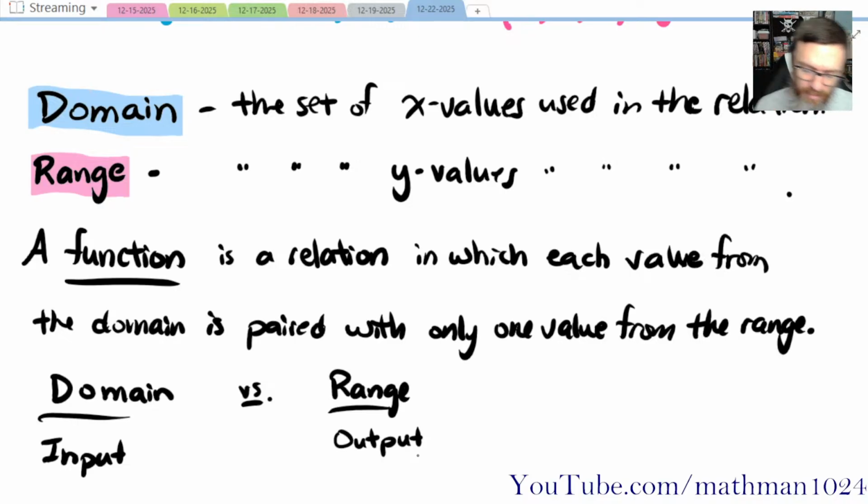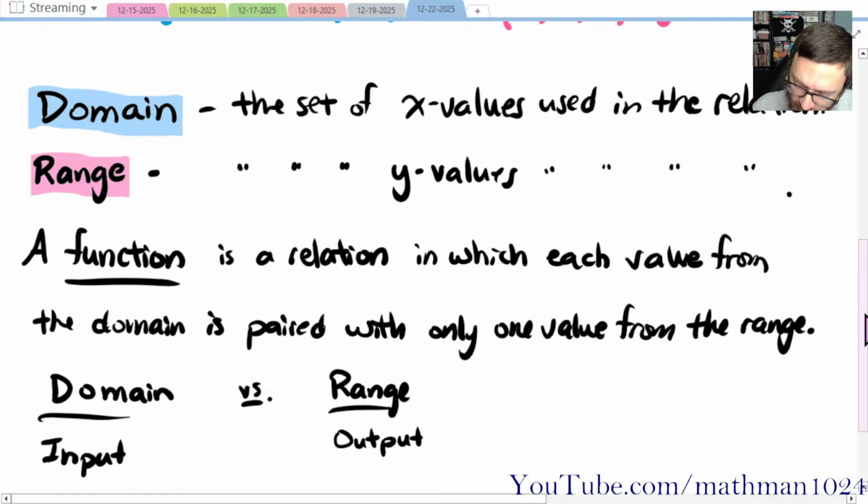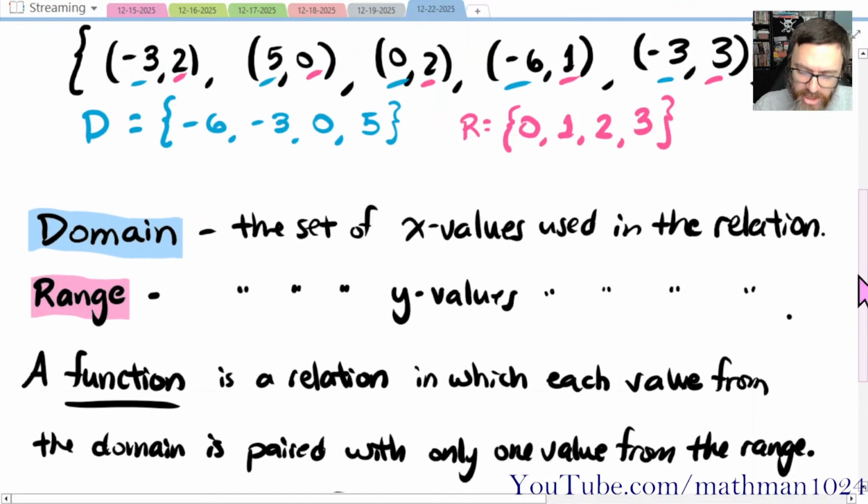Should be. All right, so with this in mind, if we go back up here to the top, how can we determine if we have a function or not? Well, if we look at this collection of ordered pairs, is each number here in my domain paired up with just one value in the range? And if you look closely, you'll see that we have a bit of an issue going on here. We see that -3 is paired up with 2.